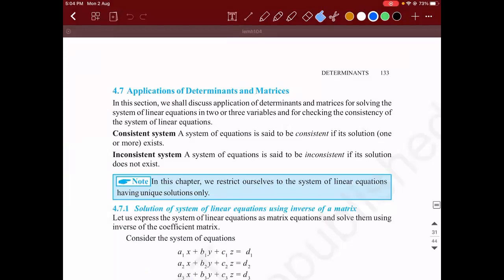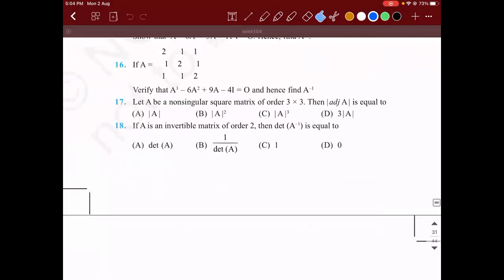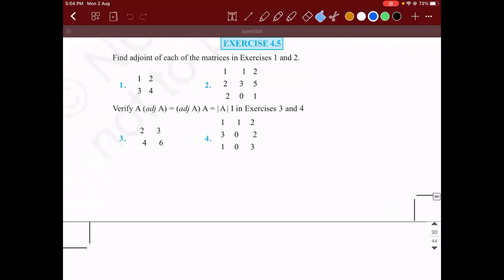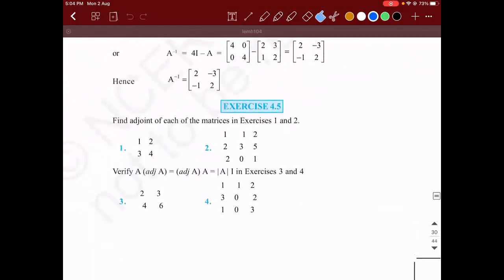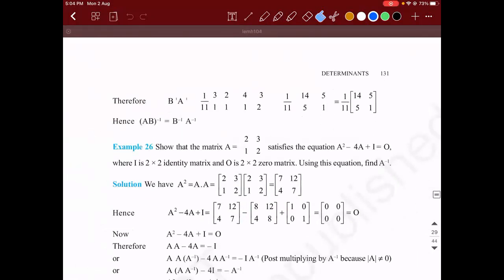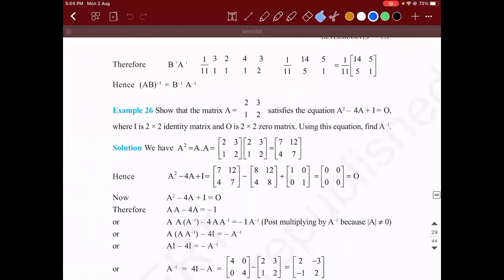So what was the last topic we were seeing? I think we were doing inverse. We were seeing adjoints, no?